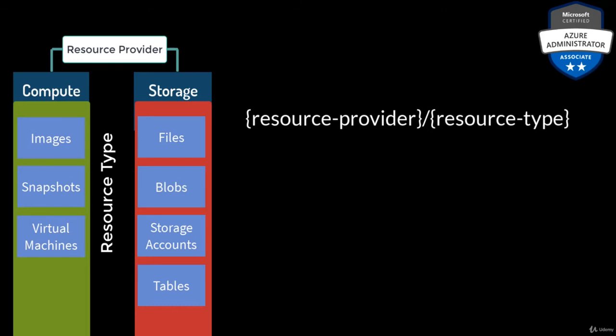For example, if you want to store keys and secrets, you work with Microsoft.KeyVault, which will then be your resource provider. Now, this resource provider will offer a resource type called vaults for creating the key vault. Before getting started with deploying your resources, you should gain an understanding of the available resource providers. Knowing the names of the resource providers and resources helps to define the resources you want to deploy to Azure.